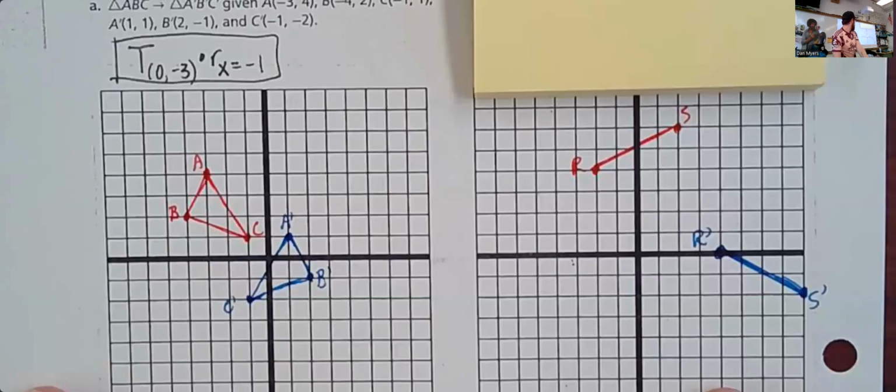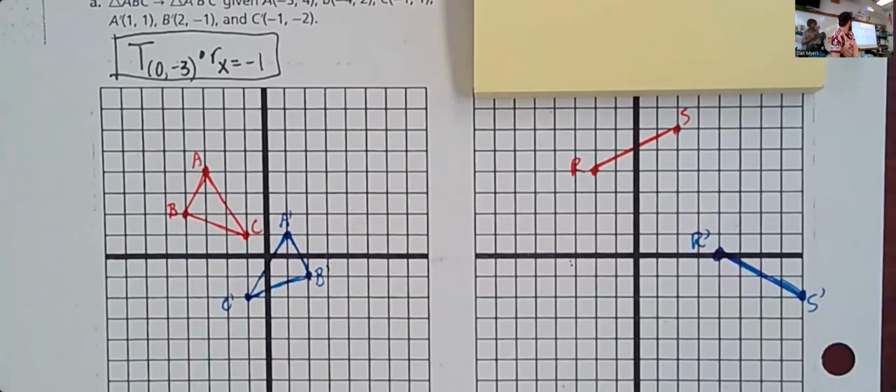So here's my drawing. Because R to S still goes from left to right, that means we have a vertical reflection. So the translation this time is going to be horizontal. First I counted over to get R above R. 6. So that would be a translation of 6, 0.